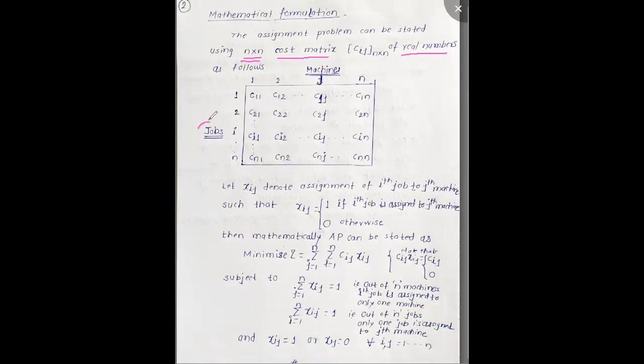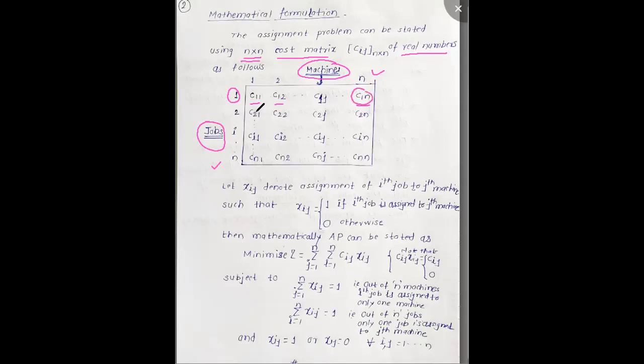So on the left hand side, 1, 2, 3, 4 up to n, these are the n jobs. On the top, 1, 2, 3, 4, 5 up to n, these are the n machines. And C11, C12 to C1n. These are the costs of performing job number 1 on the first machine, job number 1 on the second machine. The cost of performing job 1 on the nth machine is C1n.